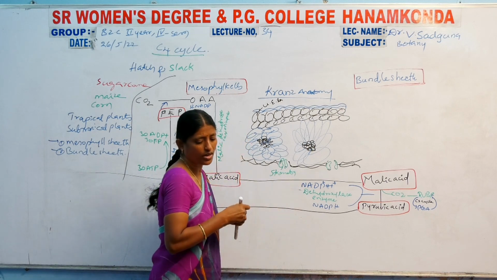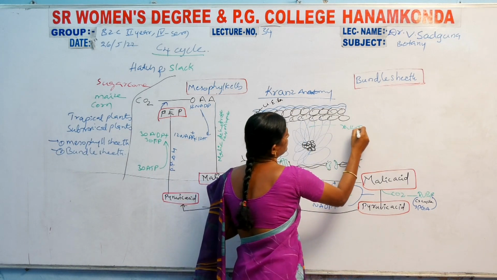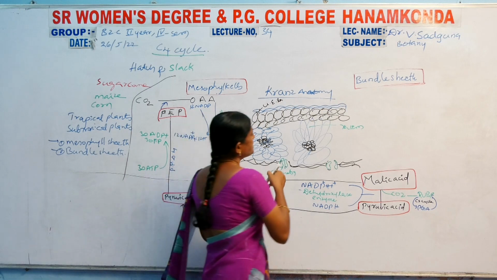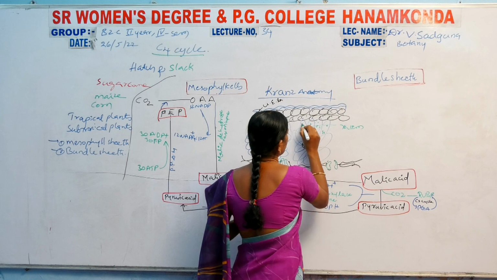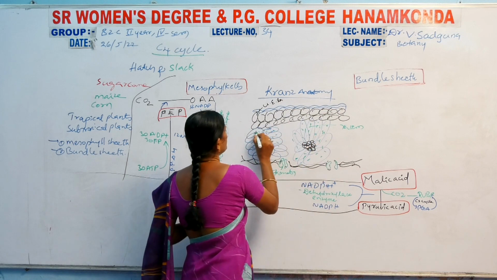These are the stomata. Then here the xylem. Then mesophyll cells. These are also mesophyll cells.